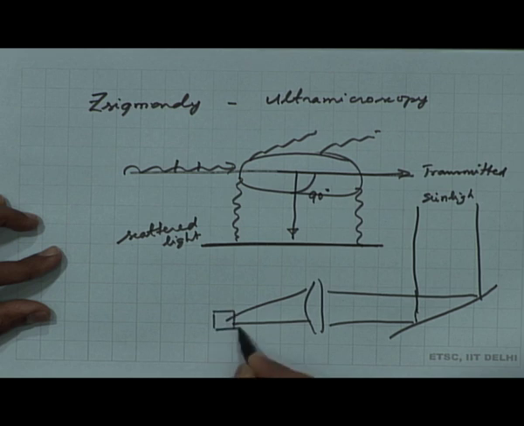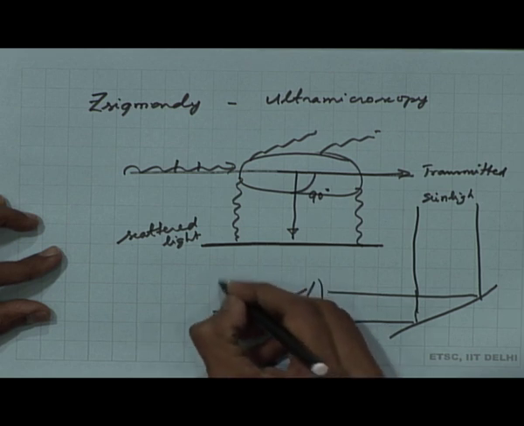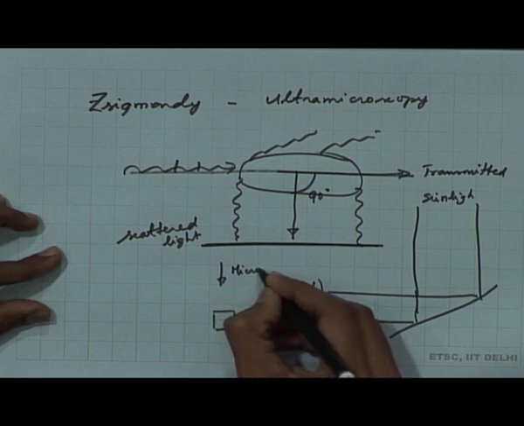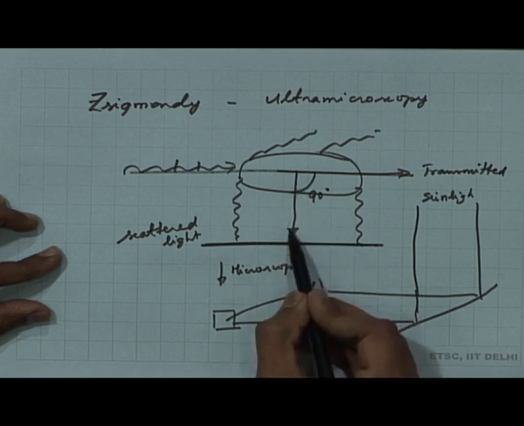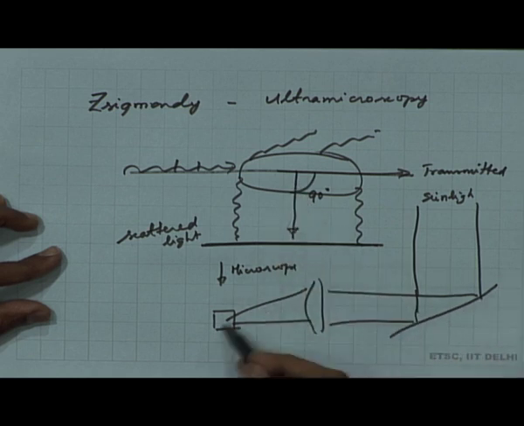This is a sample containing the colloid, and then he put a microscope here. So, he was essentially in this configuration. The light comes in and he is measuring light at 90 degrees to this. And one of the beauties of the colloidal solution is that they have very, very distinct color.